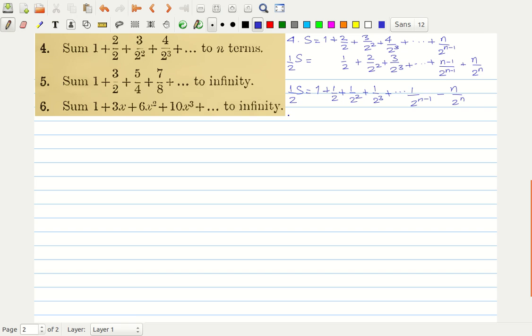Okay, so this means that we can write 1 by 2 s is equal to, what is the sum of a geometric progression of n terms?